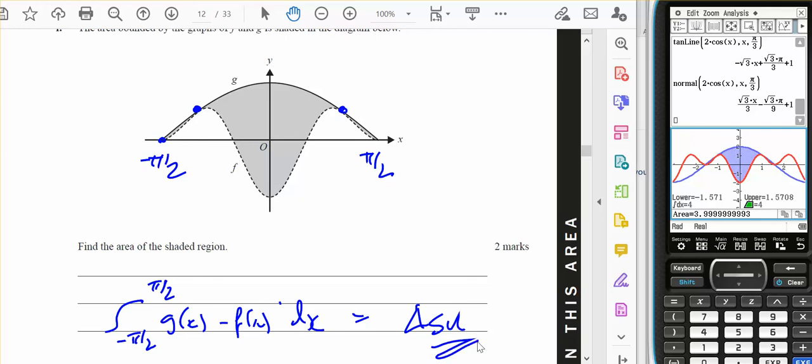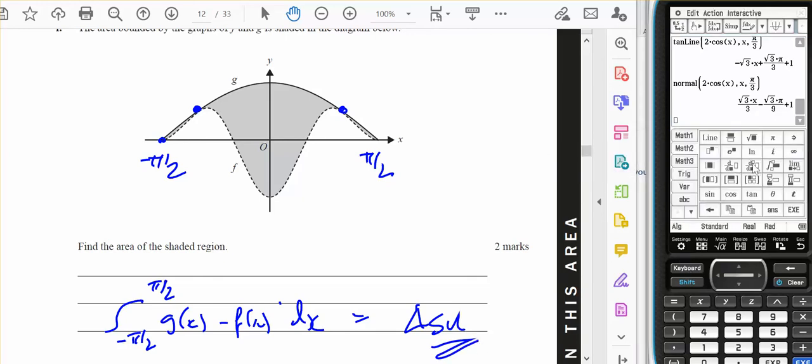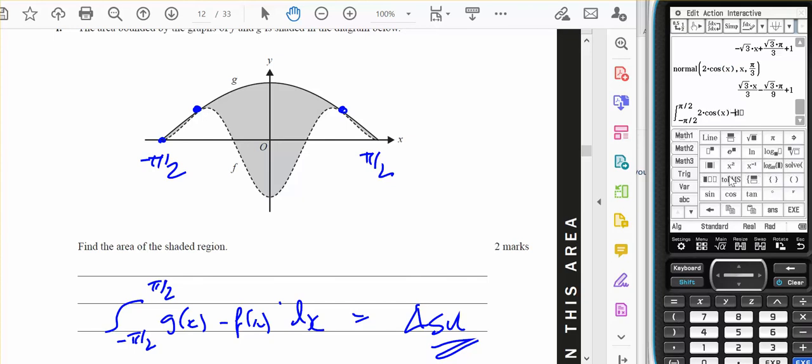I could put this on the calculator as well, just to double check. Minus pi divided by 2 through to pi divided by 2 of the top curve, which is this one, minus, now I've got a problem with my negative, so I'm going to go math 1 and open up a bracket, not curly brackets, but this bracket.